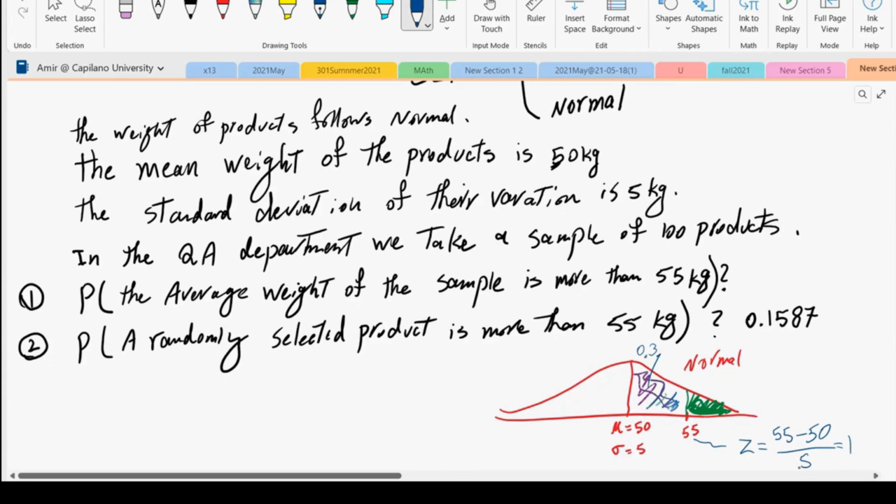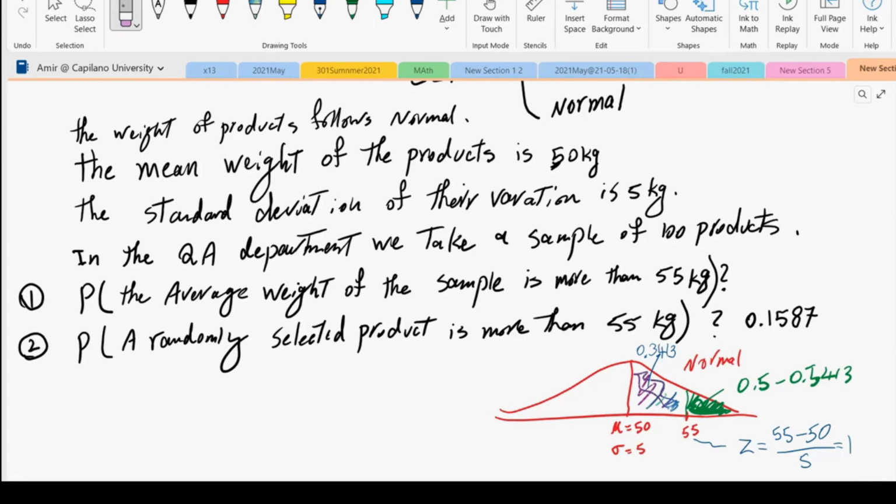I want you to tell me how much is the area between mean and Z 1. 0.3413. Therefore, the green area would be 0.5 minus 0.3413, which is 0.1587. Good? Good. Yes. Okay.